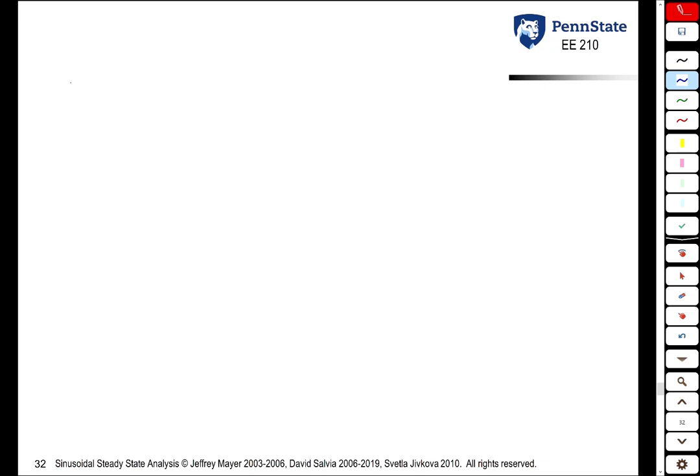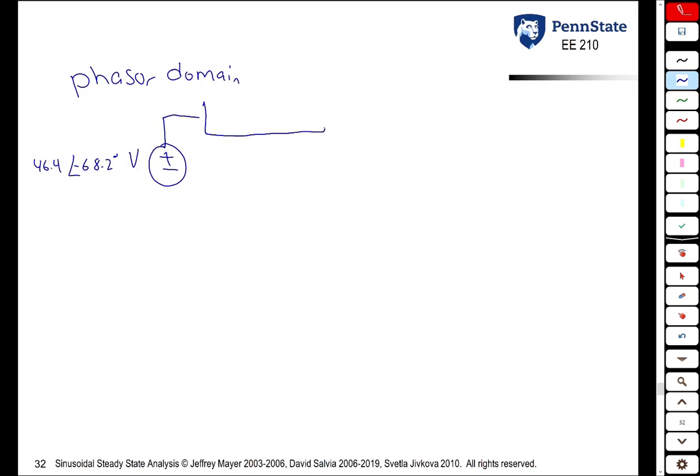So we can now draw the Thevenin equivalent circuit in both the phasor domain and then in the time domain. In the phasor domain, we have a phasor voltage of 46.4 at an angle of minus 68.2 degrees volts, and we have Z Thevenin, 68.97 plus j27.58 ohms.